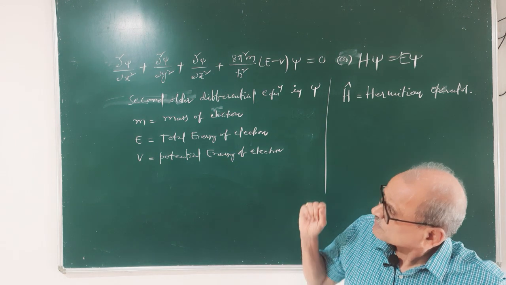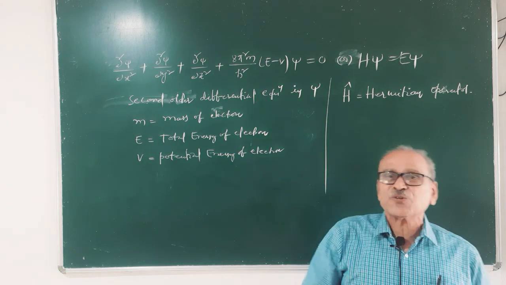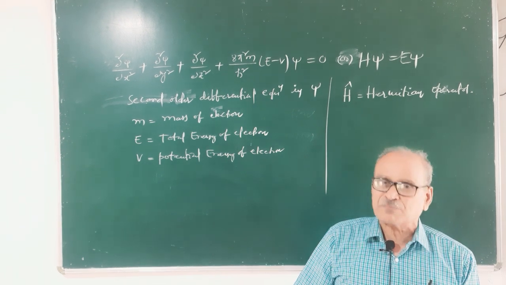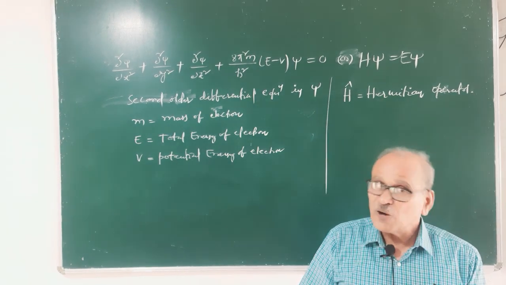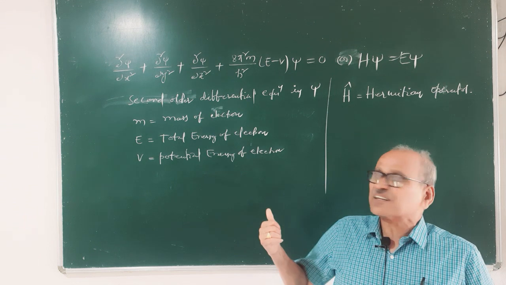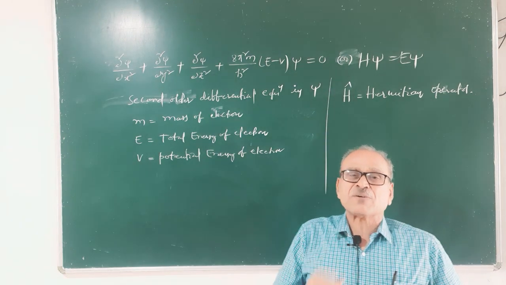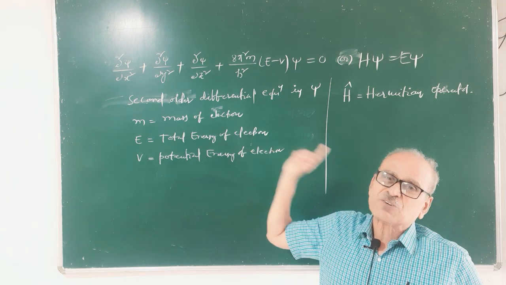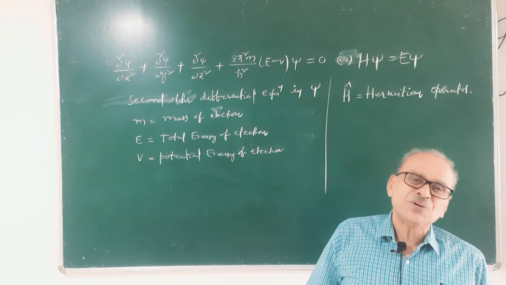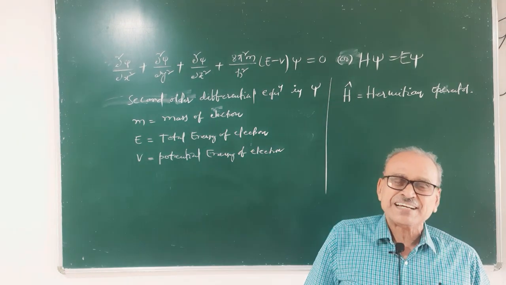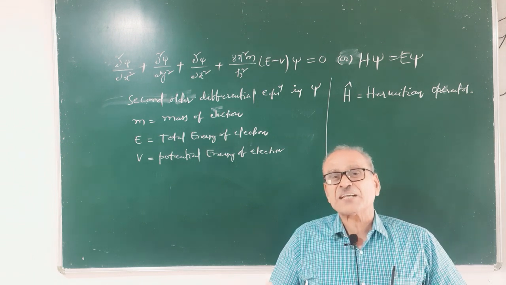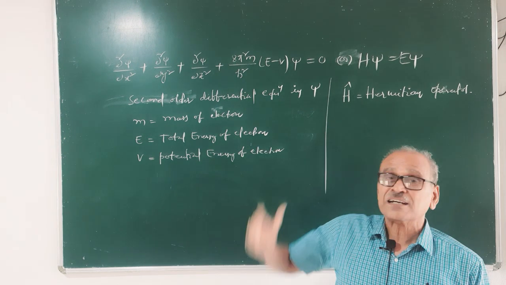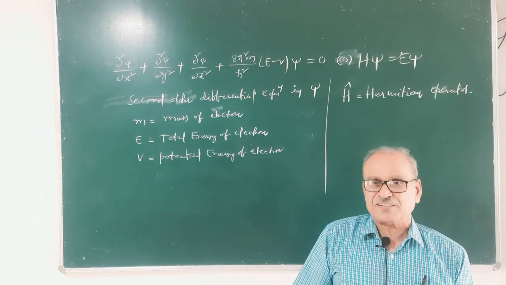Now, as part of the solution to this wave equation, we get 3 quantum numbers. Before solving this equation, the whole equation is converted into polar coordinates. These x, y, z coordinates are changed into polar coordinates, and mathematically this equation can be solved much more easily compared to the Cartesian coordinate equation.